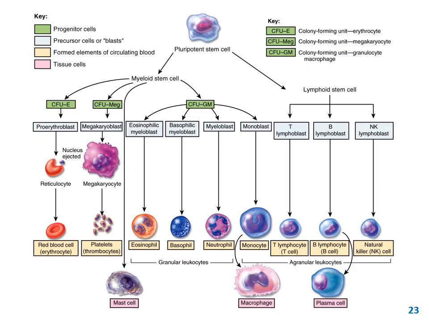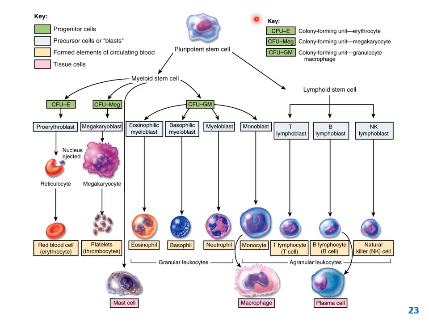There you go. All right, so I know it looks a bit overwhelming, right? But there are some things that are really important to take from this image. Here we start with your pluripotent stem cell. It can become anything. How is it going to decide whether to go down one path or another?